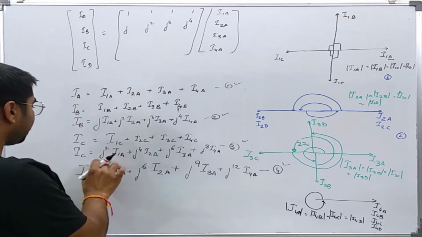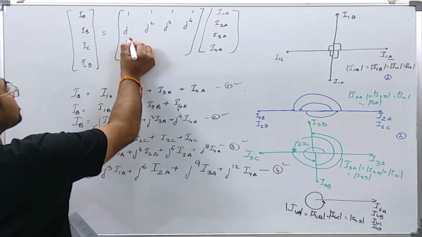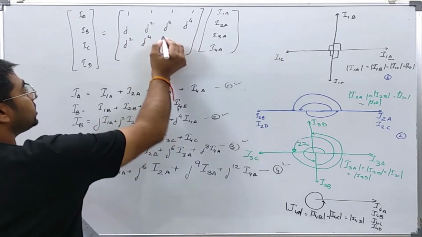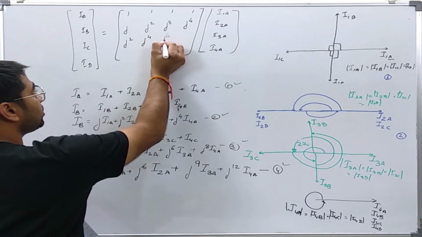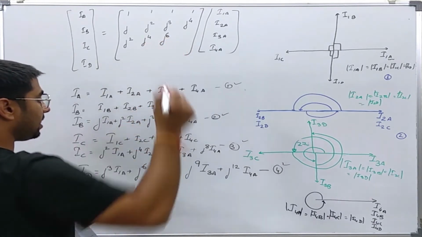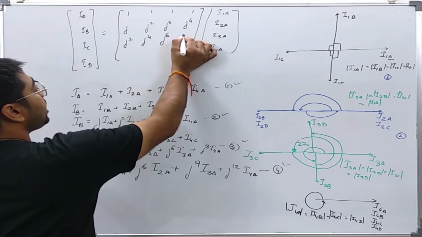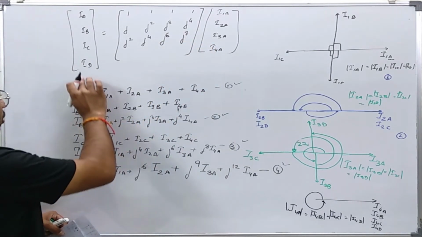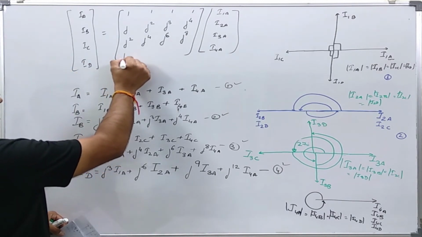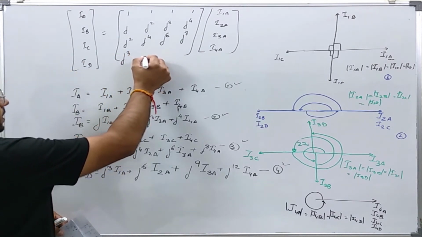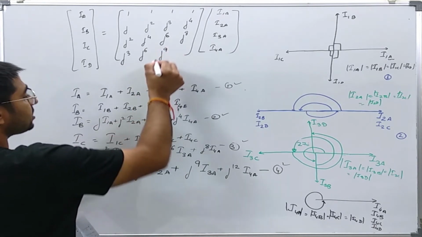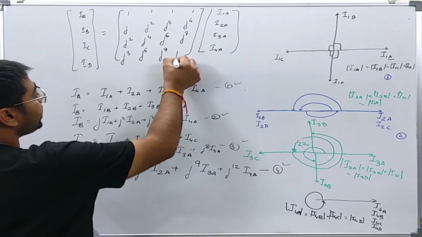Similarly, IC is nothing but J square times I1A, J4 times I2A, J6 times I3A and J8 times I4A.